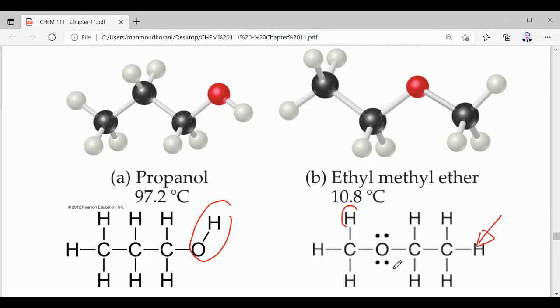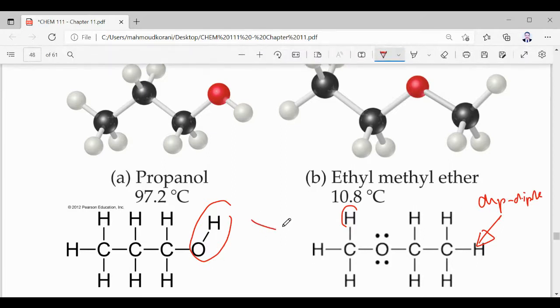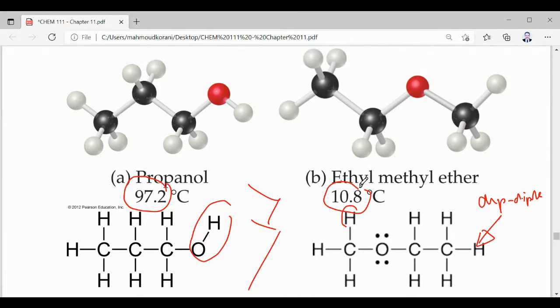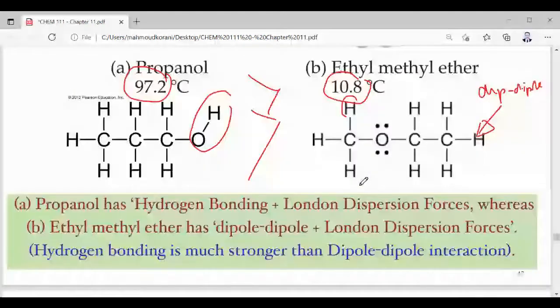This is a polar compound, an ether, methyl ethyl ether. It's polar, so it has dipole-dipole interaction. Here there is hydrogen bonding. Hydrogen bonding is stronger than dipole-dipole. So you could imagine the boiling point here is greater, a big difference between both, because hydrogen bonding is very strong compared to dipole.